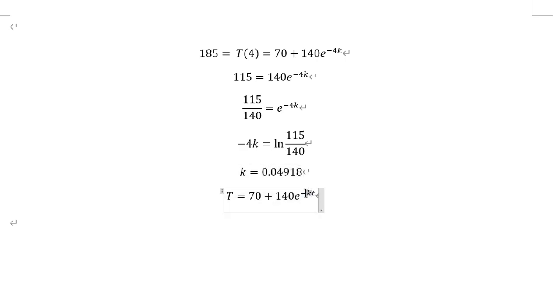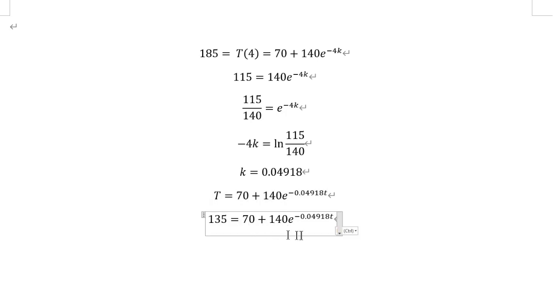Put it in here. And now we want to solve the other equation, which is, I want this to be 135. So 135 equals this. Subtract 70, so that's going to be 65 equals 140 times e to this power.